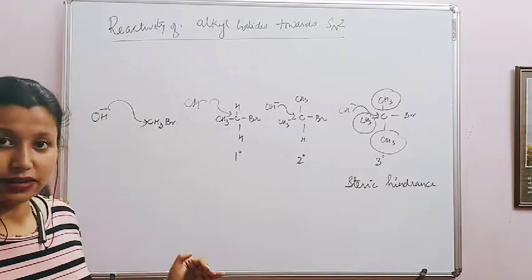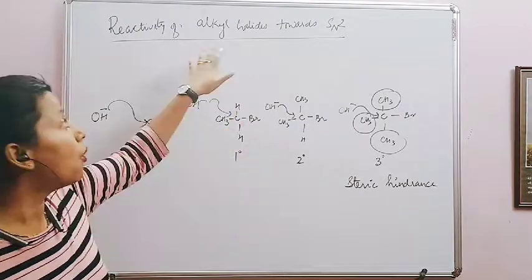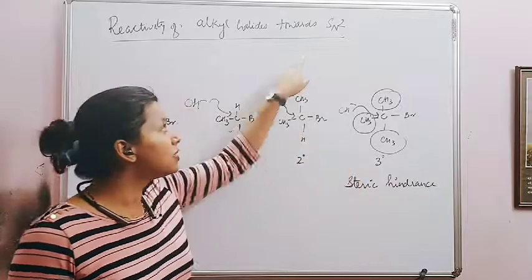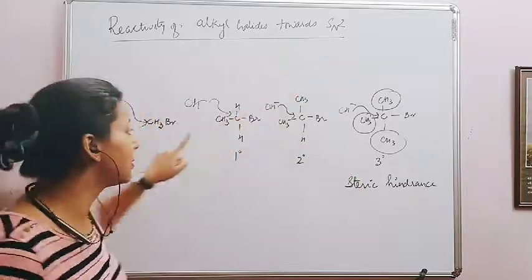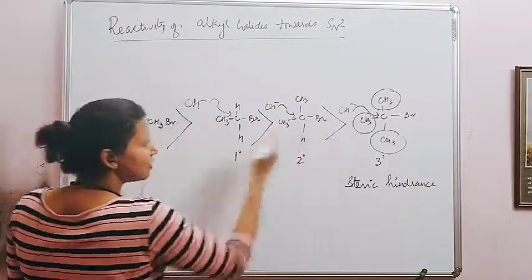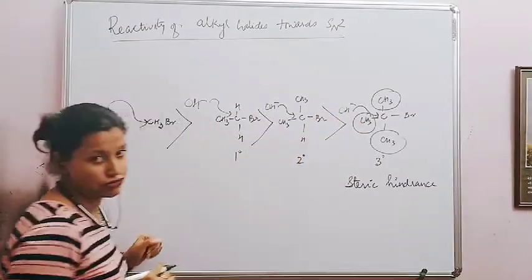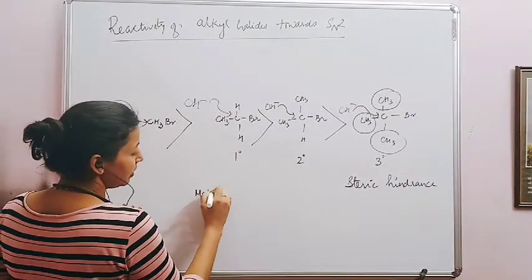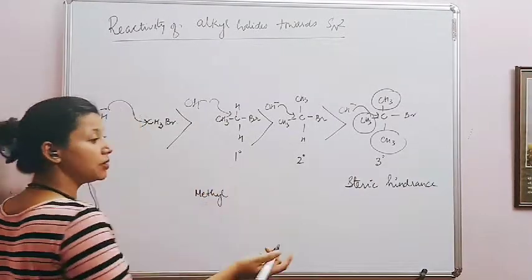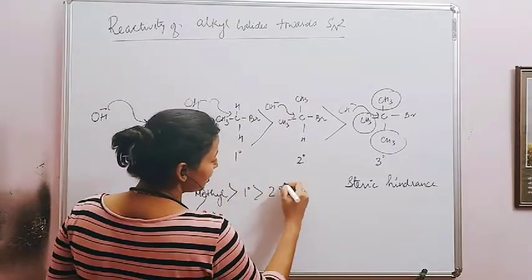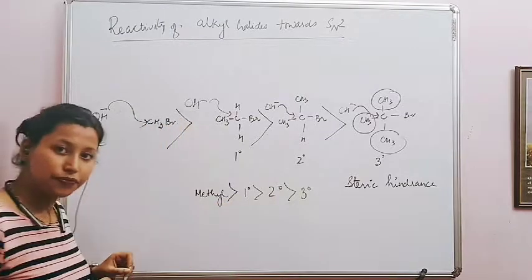Due to this reason, the order of reactivity of alkyl halides towards SN2 reaction is methyl greater than primary, greater than secondary, and greater than tertiary. That means methyl halides will be most reactive, then primary, then secondary, and then tertiary.